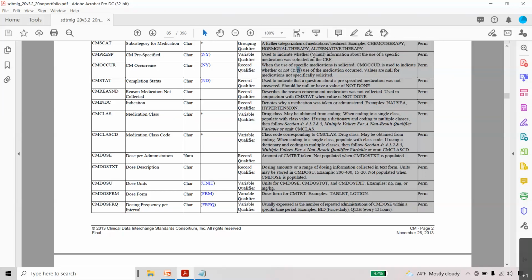You don't see a no value in CM pre-specified, but you can see it in CMOCCUR.